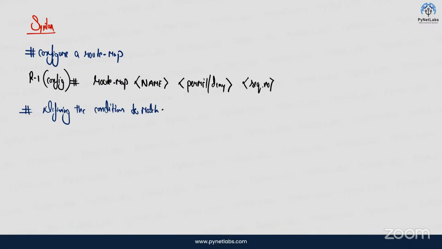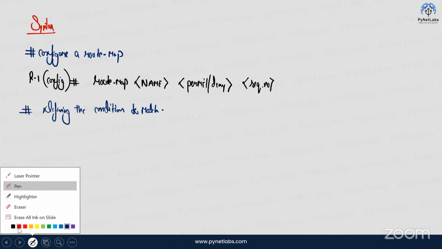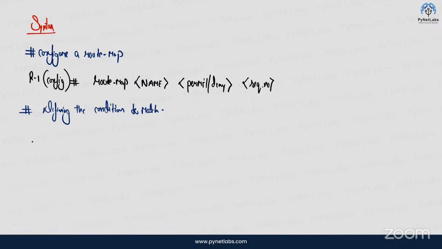Now, what exactly is this condition and how is it going to match inside the device? Once you hit the command for the route map, your device will be in route-map configuration mode. So it will be like configure terminal, and then it shows you something like route-map, because we are inside the route map. Now the second thing is you have to match the traffic, whatever the ACL number or IP address is.